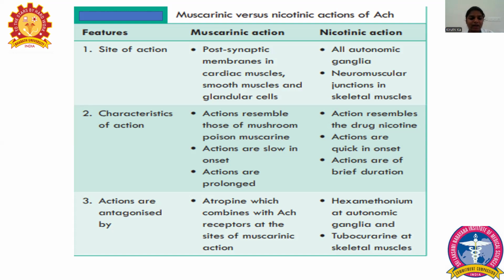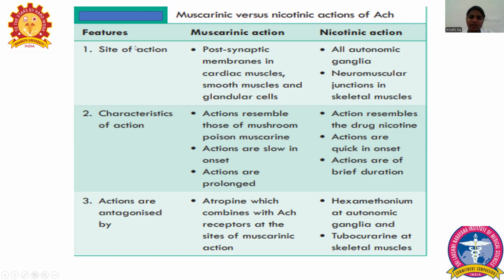The receptors are serpentine membrane proteins coupled to G proteins, calcium channels, etc. for their intracellular activities. These are the summarized differences between the muscarinic versus the nicotinic actions of ACh.